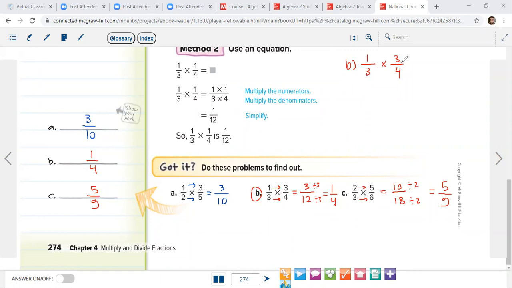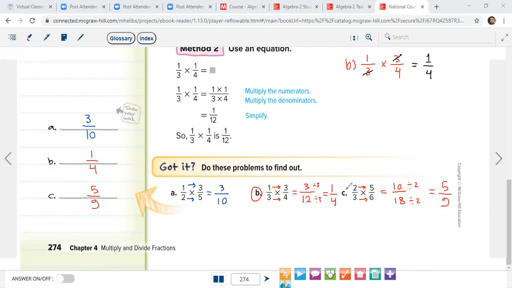Like in our case here, I have 3 up in the numerator and 3 down in the denominator. We can cancel them before we start multiplying. So what is left up in the numerator is 1. What is left down is 4. So this is our answer, 1 over 4, and it's the same as the answer we have here.